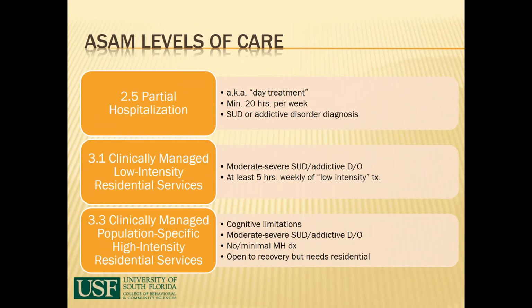Partial hospitalization, also known as day treatment, is a minimum of 20 hours a week. You can think of this level of care as, look, they're just shy of needing residential or inpatient care at this point. IOP and standard outpatient won't be sufficient for this person. And then we start to move into all different levels of residential programs.